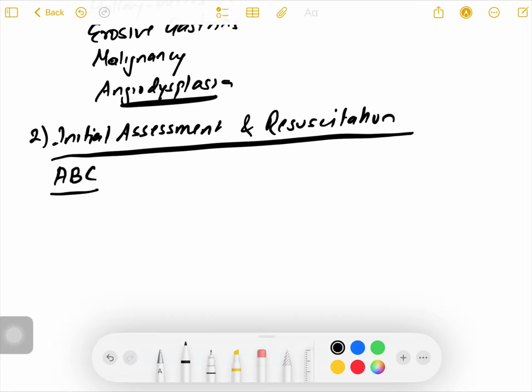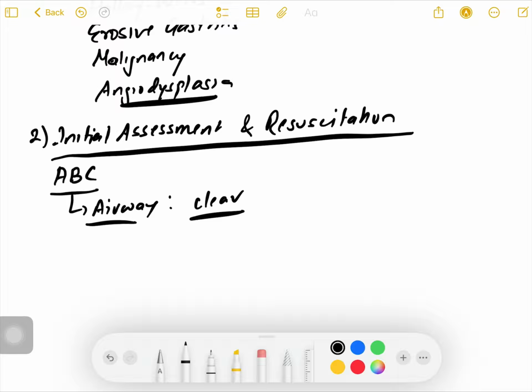If we need to protect the airway, then we should intubate the patient. Sometimes there can be clotted blood or secretions, or if the patient has altered sensorium there can be foreign bodies. So we have to clear the airway if needed.